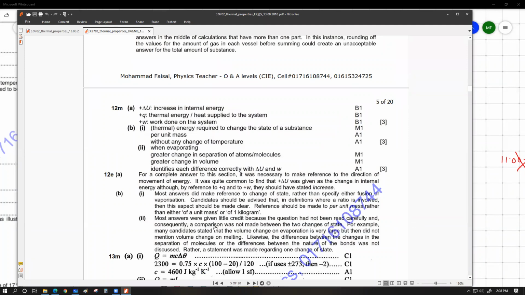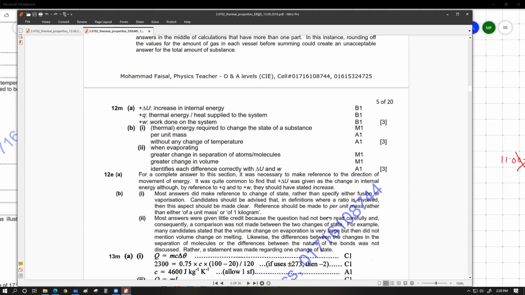And then it says consequently comparison was not made. Candidates should be advised that in definitions where a ratio is involved, then this aspect should be made clear. Reference should be made per unit mass rather than either of a unit mass or of 1 kilogram.